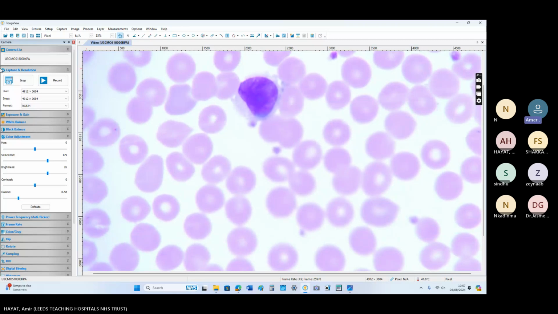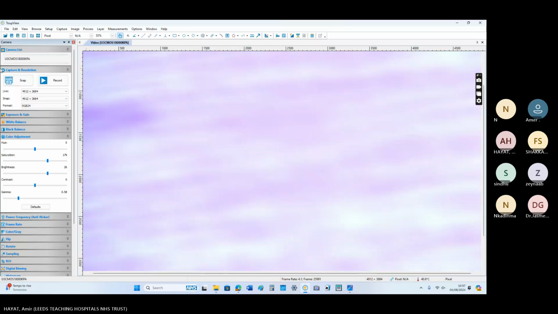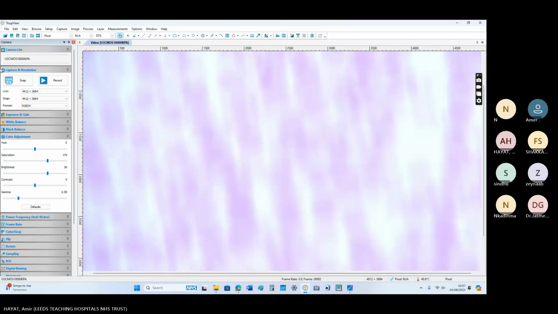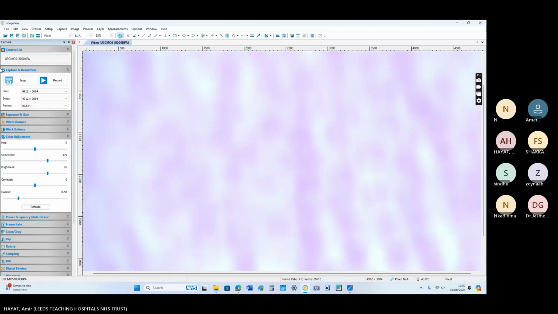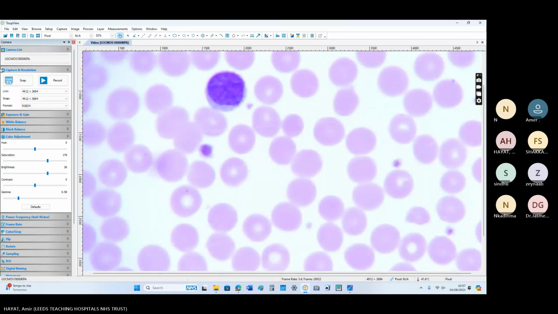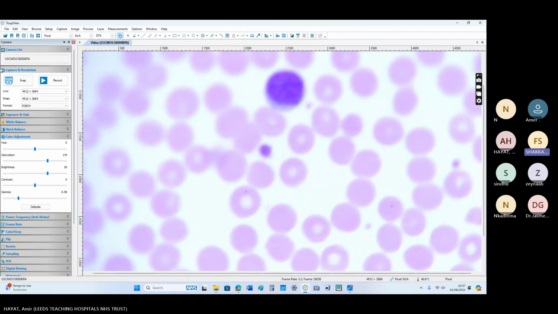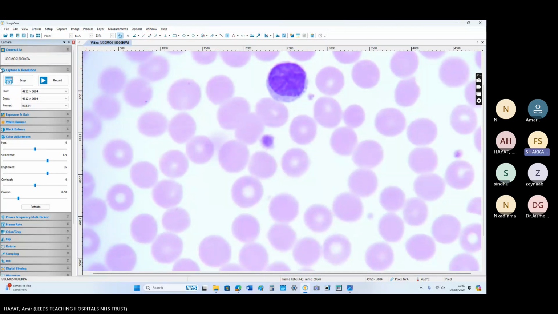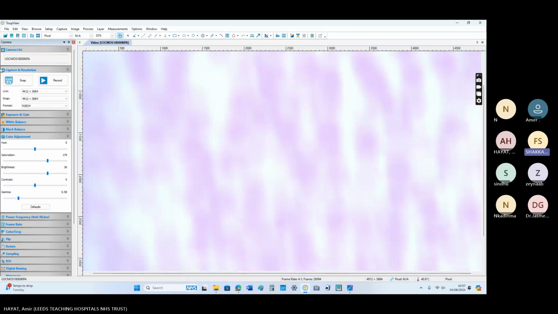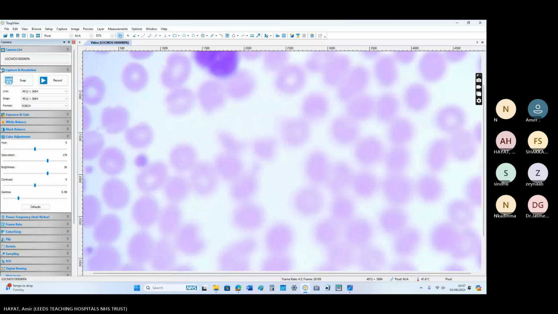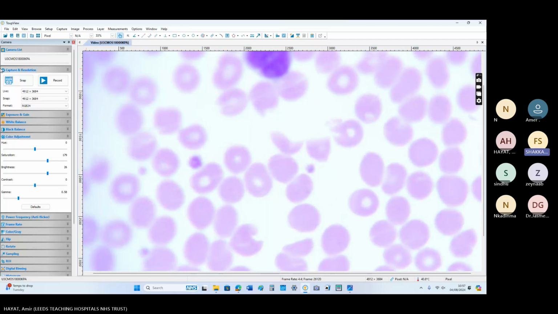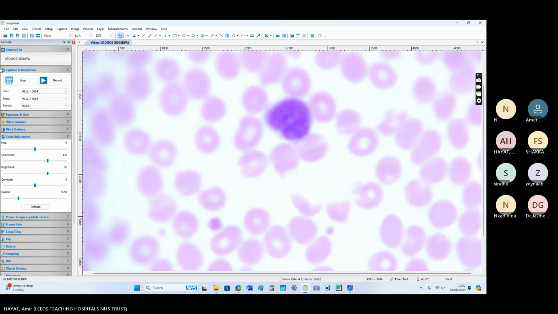Any comments on these cells? So we can see a population of mononuclear cells, small to medium size, with increased NC ratio, and some of them have a clefted nucleus.